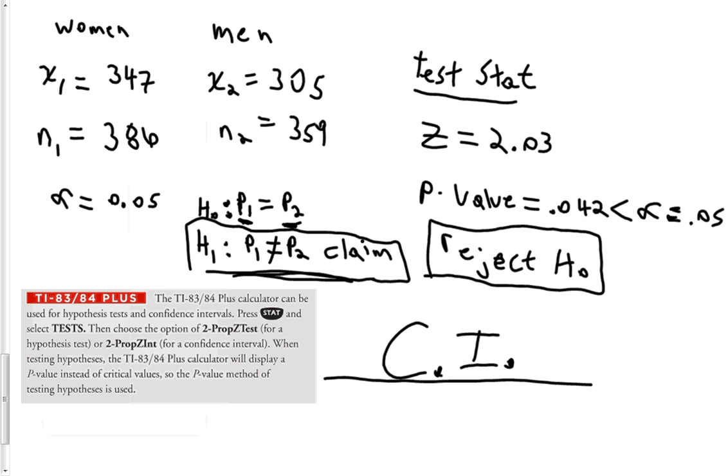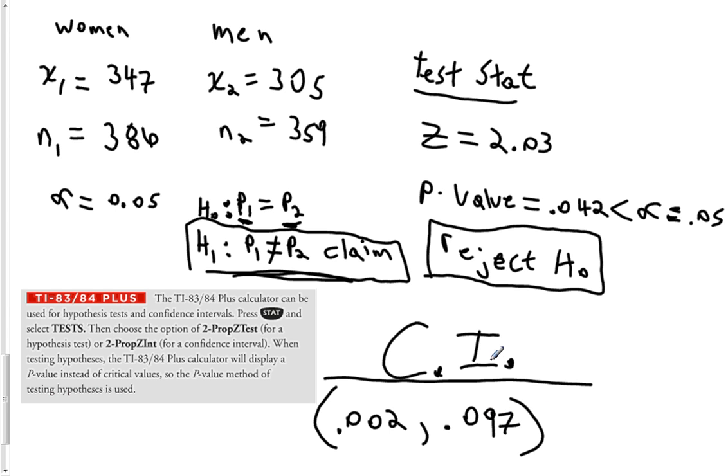So our confidence interval is 0.002, let's call it, to 0.097. Now notice this confidence interval does not contain 0.